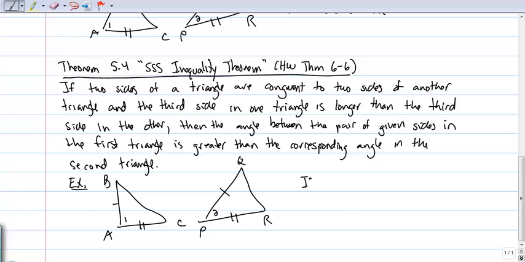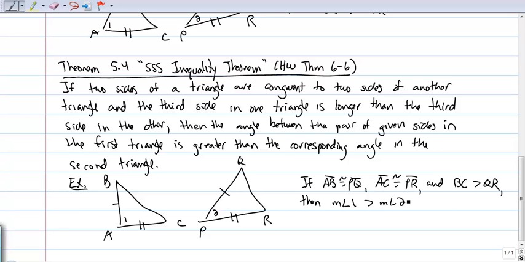What we're saying is, if segment AB is congruent to segment PQ, segment AC is congruent to segment PR, and the measure of BC is greater than the measure of QR, then the measure of angle 1 is greater than the measure of angle 2.